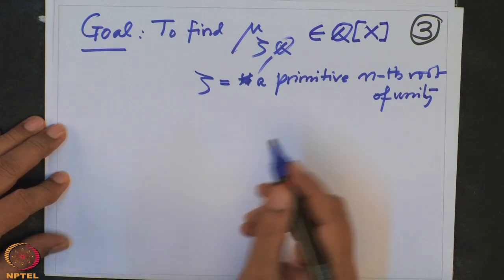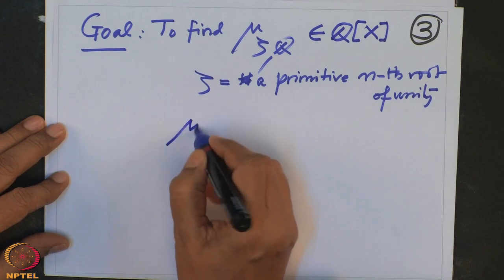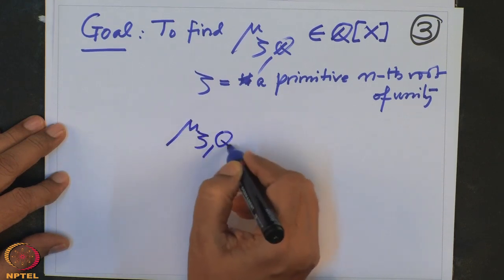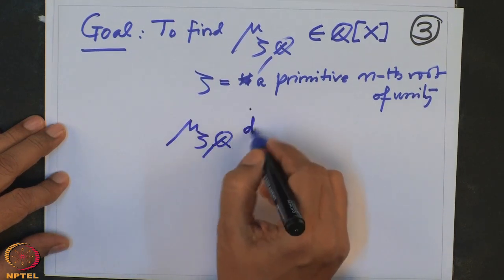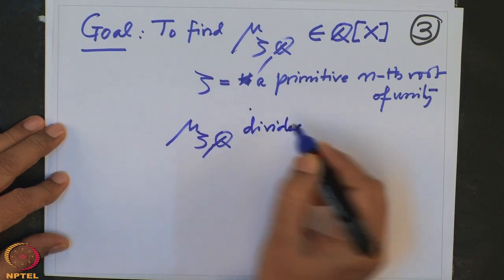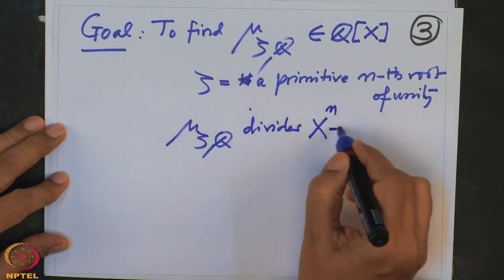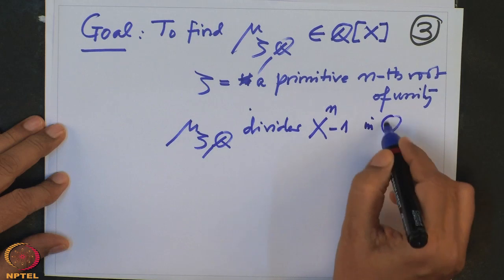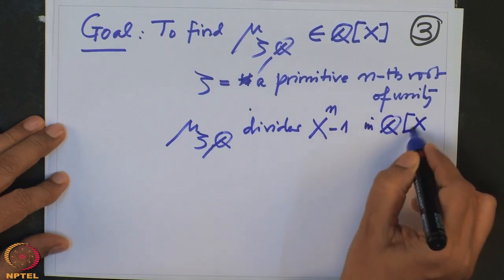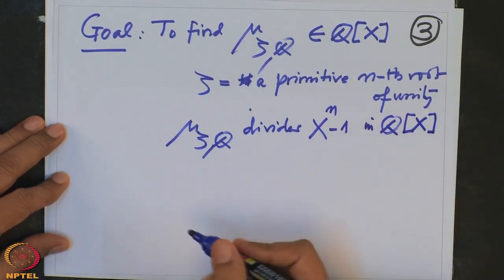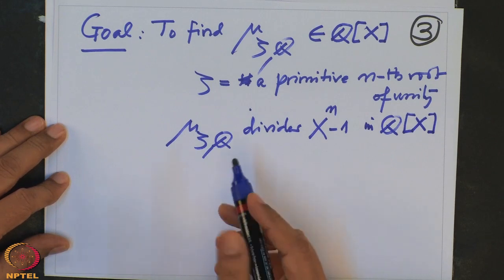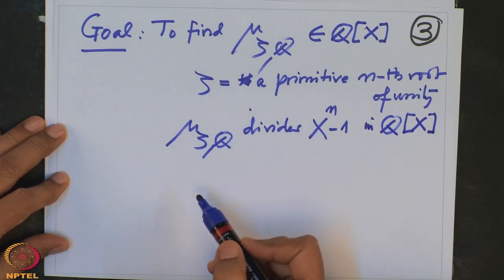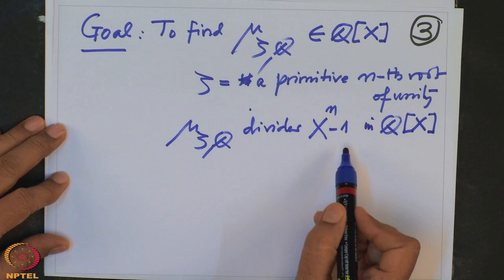Moreover, more information we have is that this minimal polynomial of zeta over Q divides x^n minus 1 in Q[x]. Therefore, we want to find the prime decomposition of x^n minus 1.